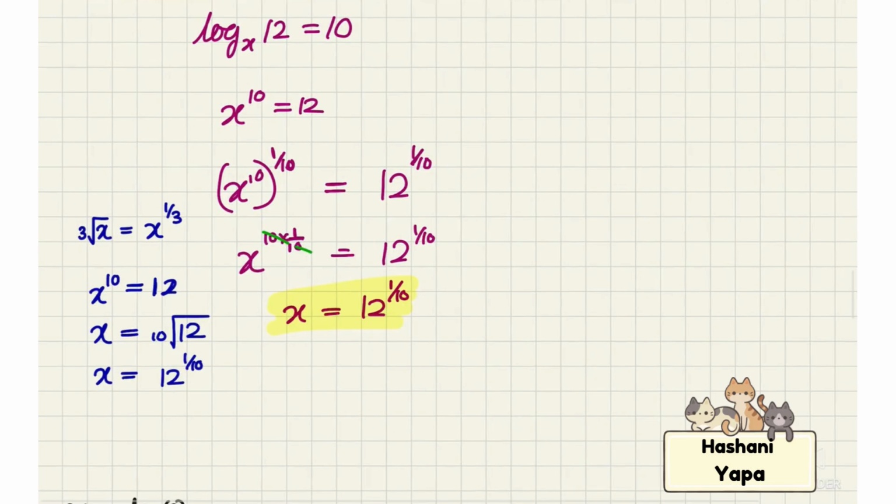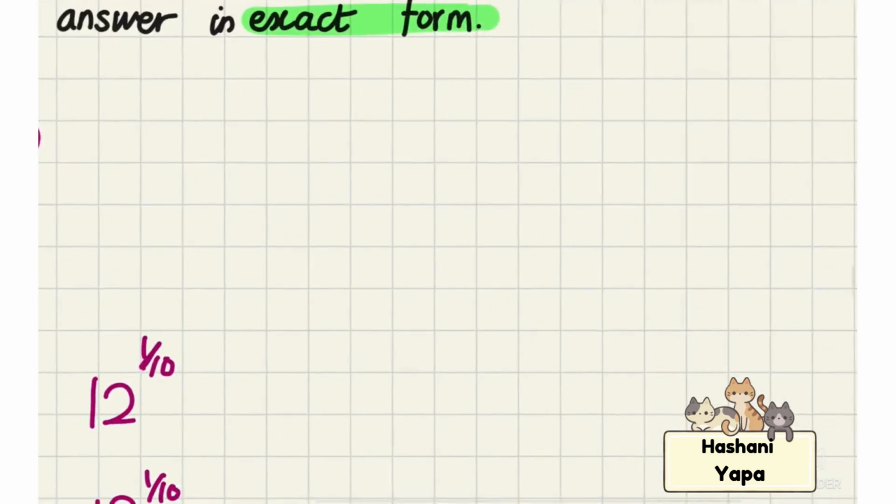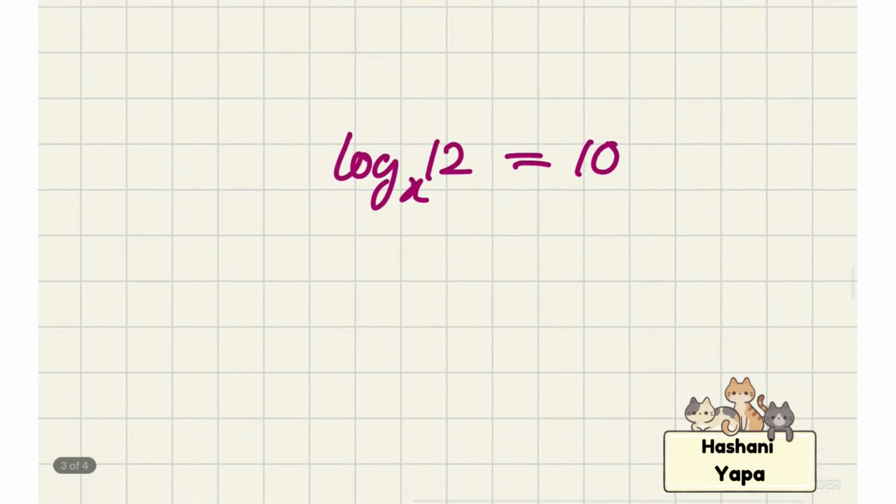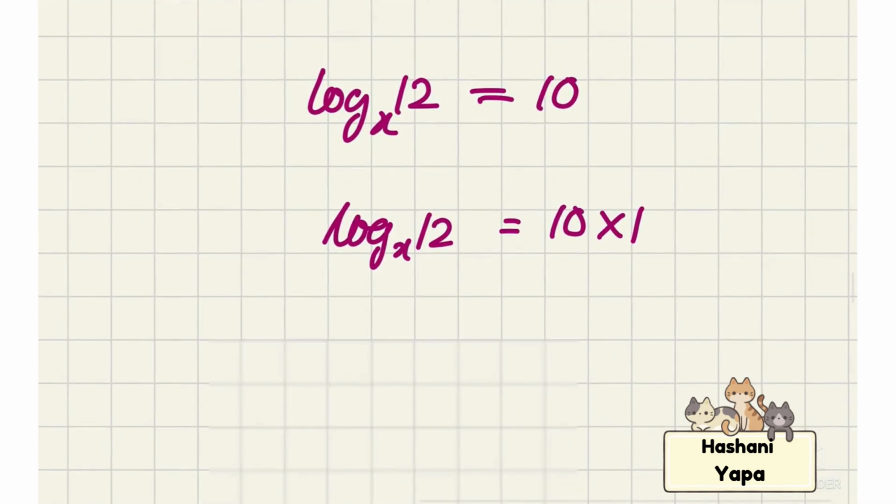Another way of doing these types of questions is, if you have log_x 12 equals 10, you can try to make both sides have a log_x. Now what I mean is like this. You can say log_x 12 is equal to 10 multiplied by 1. Same thing, 10 multiplied by 1 is 10.